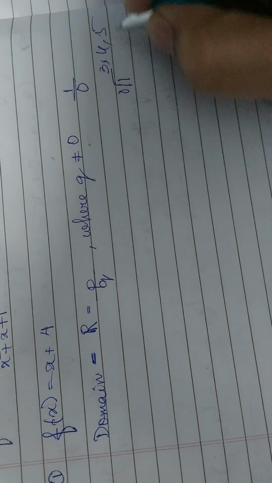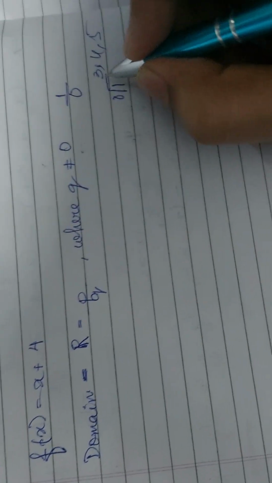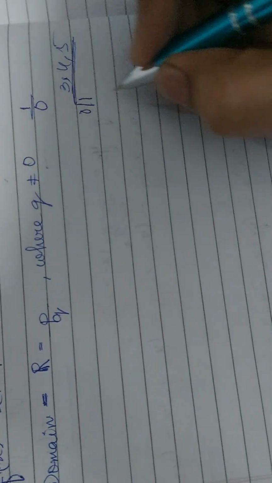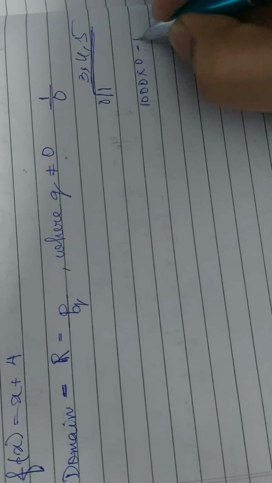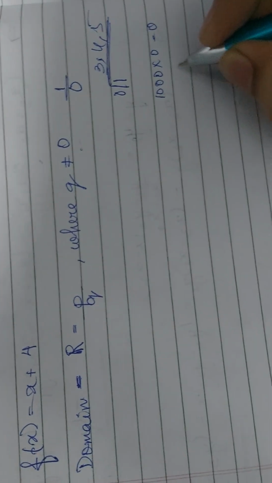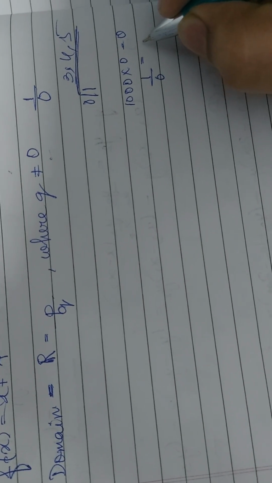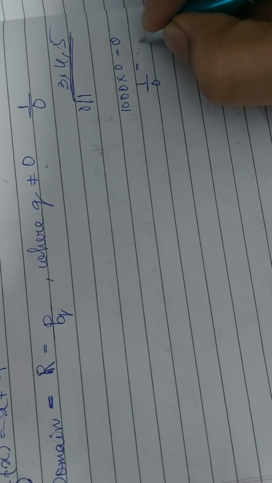So it will not yield a normal result at all. Even if you multiply 1000 into 0, it will still be 0. So therefore 1 by 0 does not give an exact value. It does not give a proper value.